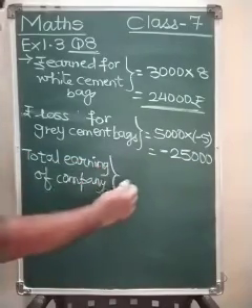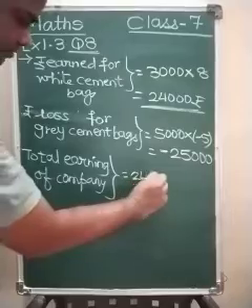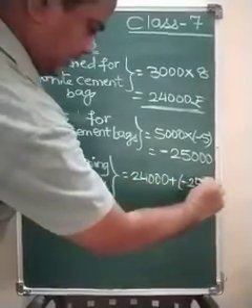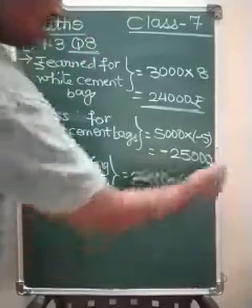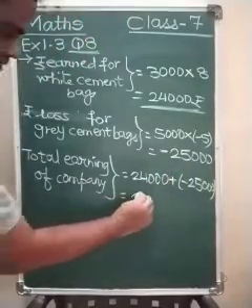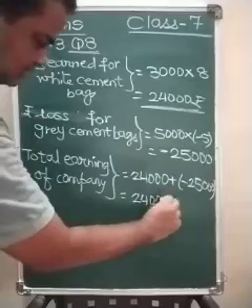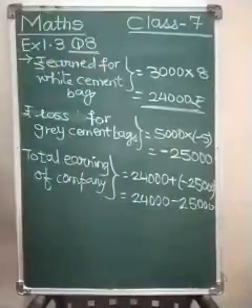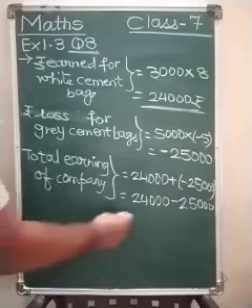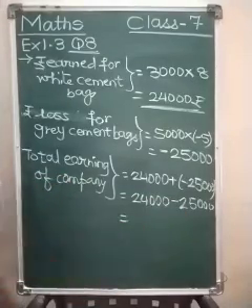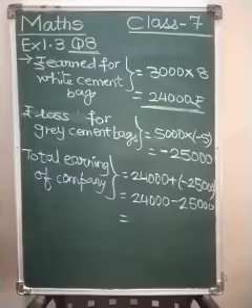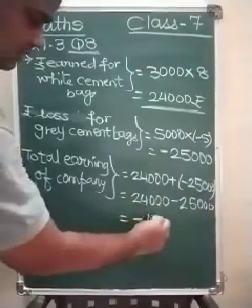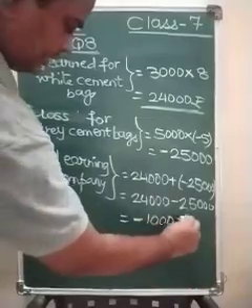So total earning of company equals 24,000 plus minus 25,000, which equals 24,000 minus 25,000. Again, by the rules of addition and subtraction, take the sign of the bigger number. 25,000 is the bigger number, so minus 1,000 rupees.